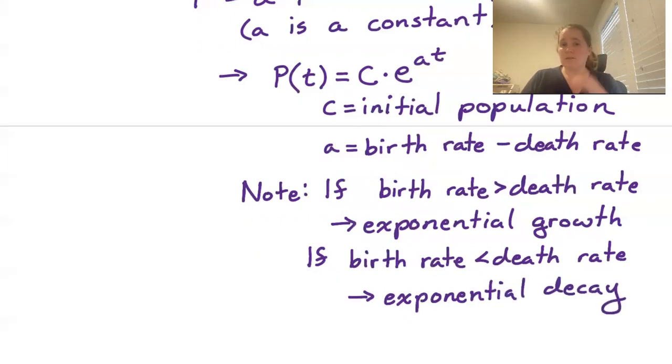So this is all interesting, but in reality, most populations of some species have a limit based off of the environment they live in, in terms of how many of the species can survive, how large the population can get.